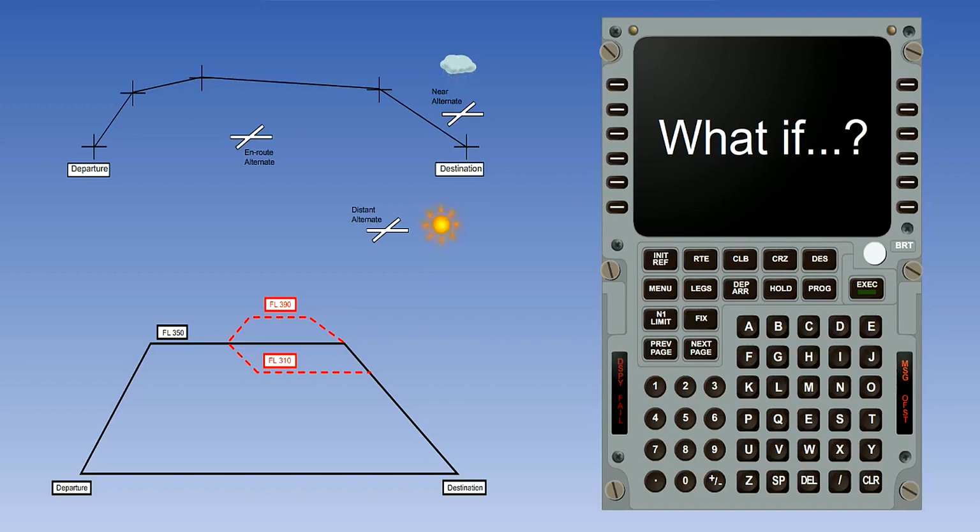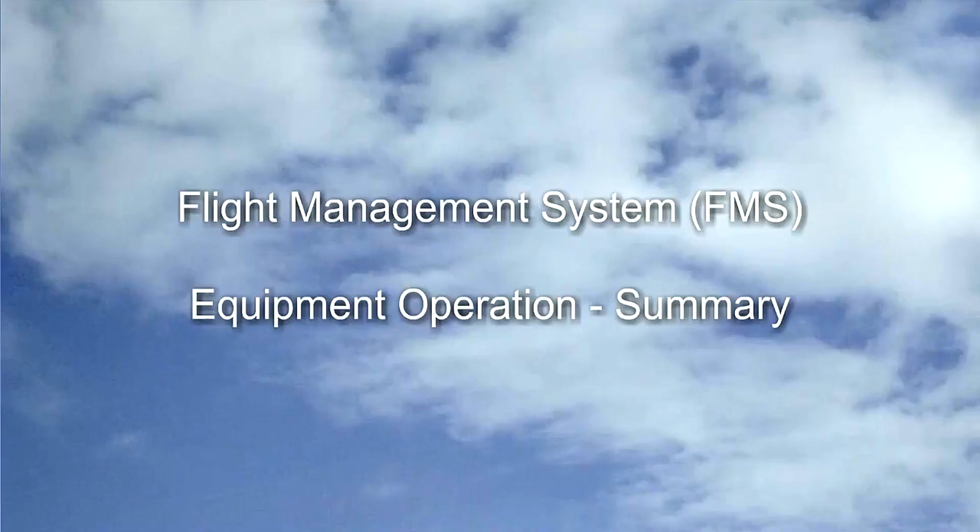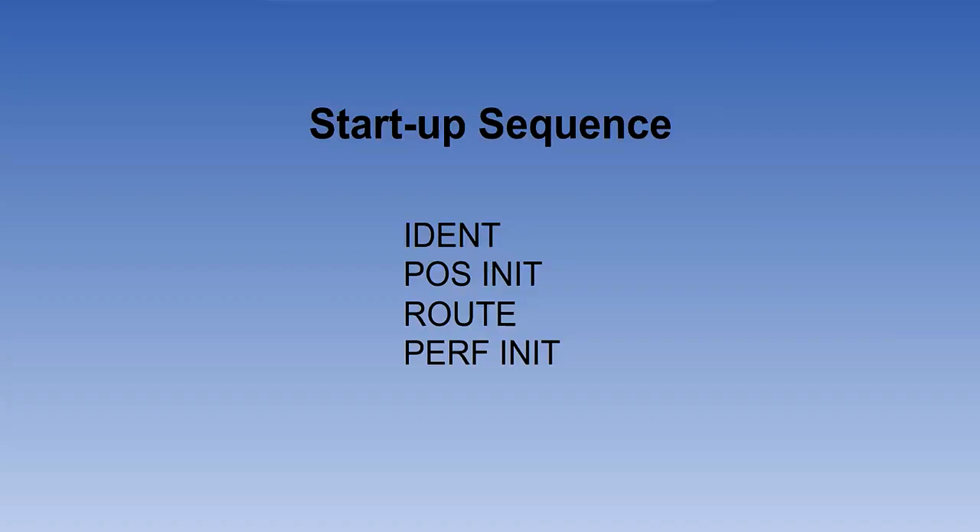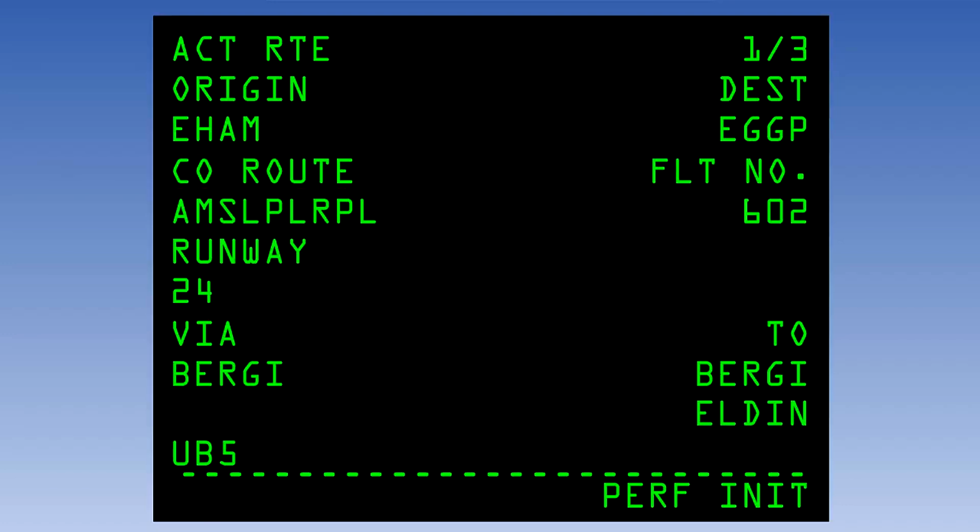Let's summarize this lesson. The first 4 pages in the startup sequence are always the same: identification, position initialization, route and performance initialization. The route is usually entered simply using the operator's flight number.